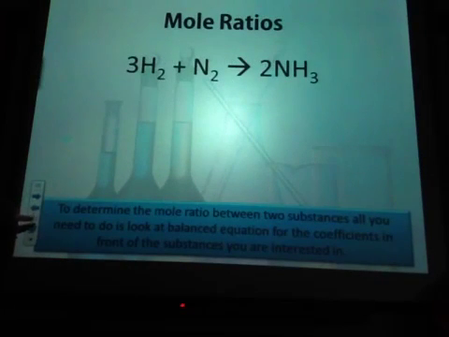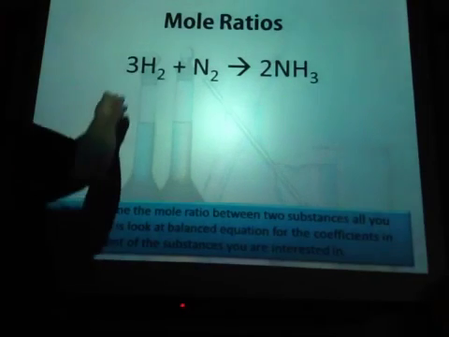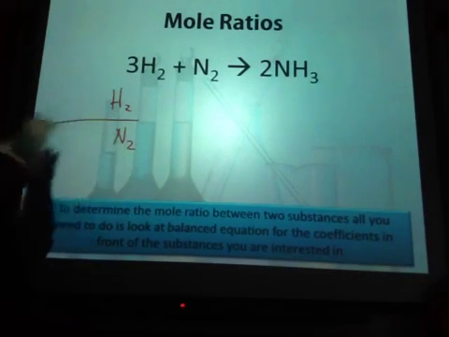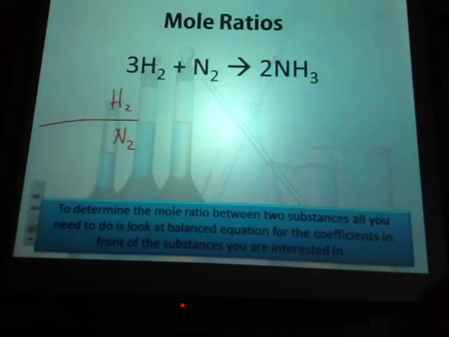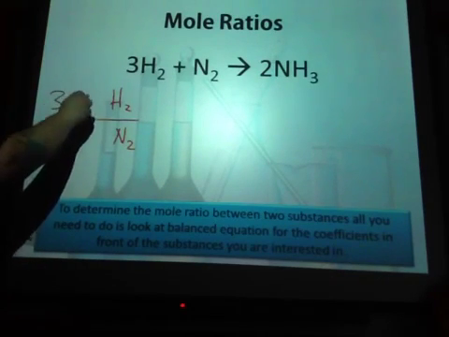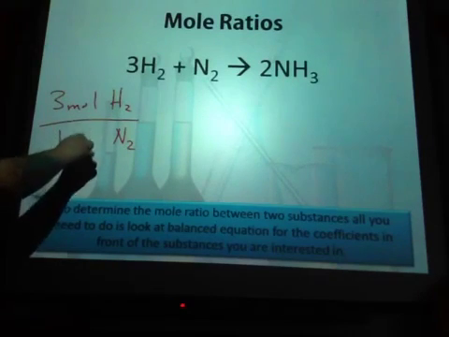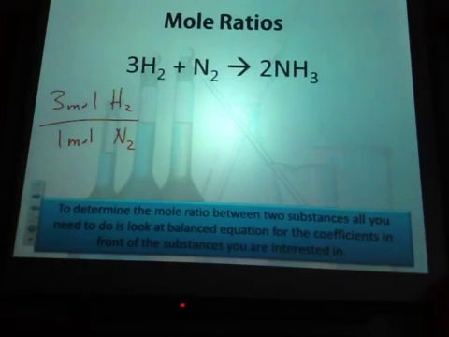Okay? So let's look at some mole ratios in this equation. If we wanted to know the ratio of hydrogen to nitrogen, what would be our ratio? How many moles of hydrogen? 3. And that is equal to how many moles of nitrogen? 1. Okay, so we would use that conversion to go from hydrogen to nitrogen.